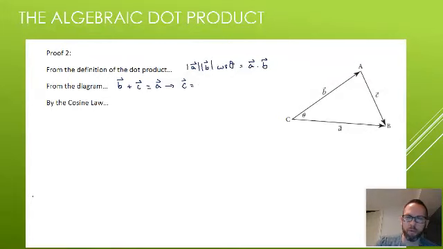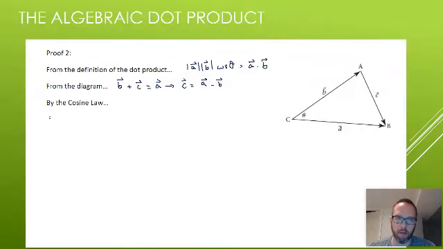I like to do this proof when I teach this because it's kind of cool how the dot product falls out. So we're going to use those two things. And again, the angle at C is the tail-to-tail angle between A and B. Forgetting about vectors, what does the cosine law say?